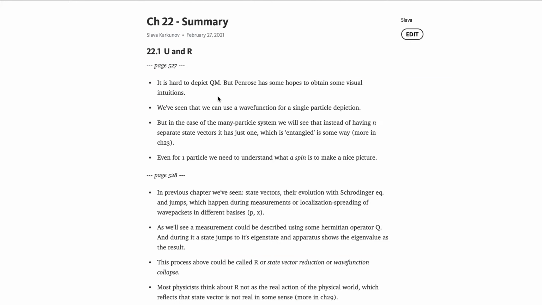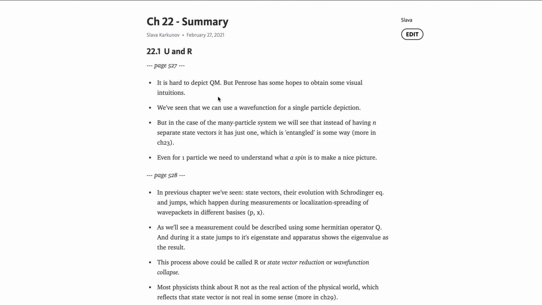Okay, so let's start. We have a new chapter today, mainly concerned with unitary and basically non-continuous evolution in quantum mechanics.